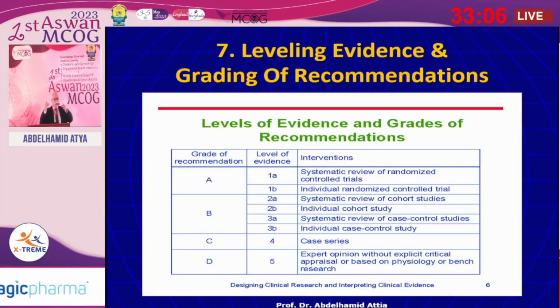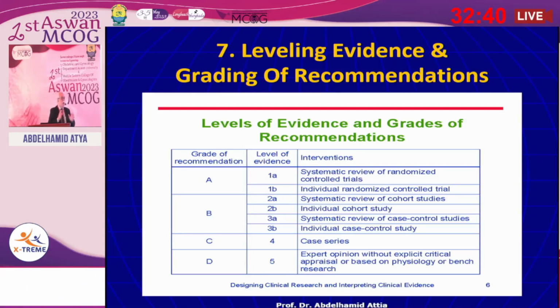If they are having evidence from a case control study, which is an observational study, the evidence is level 3 and the grade of recommendation is still level B because all observational studies, they put it in level B. If they are having evidence from non-analytical or non-comparative studies like case series, they give it level of evidence 4 and grade of recommendation C.